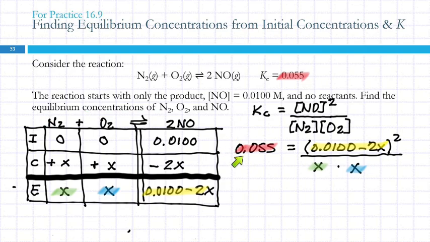So we need to solve this equation for x. And you could leave this as x times x in the denominator, or you could say, well, that's x squared. Whatever you want to do. 0.055.